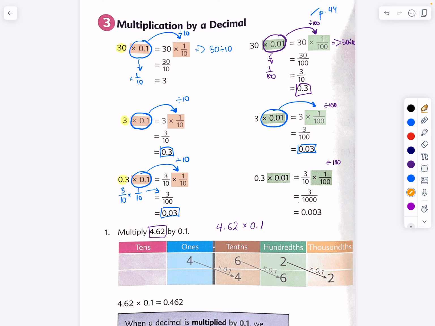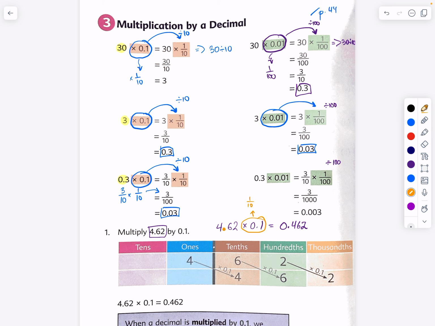My friends, I do know that you probably remember from a minute ago that that means to find 1/10 of a number or to divide by 10. That means 4.62 will become 10 times smaller. 10 times smaller than 4.62 is 0.462 or 462 thousandths.